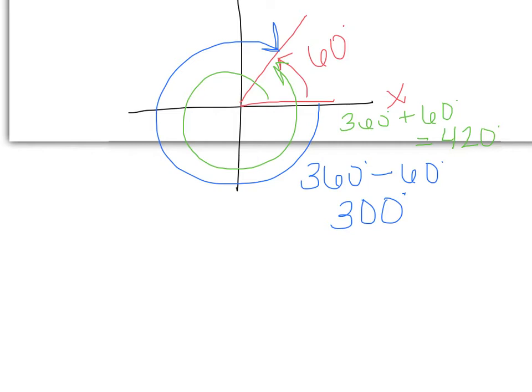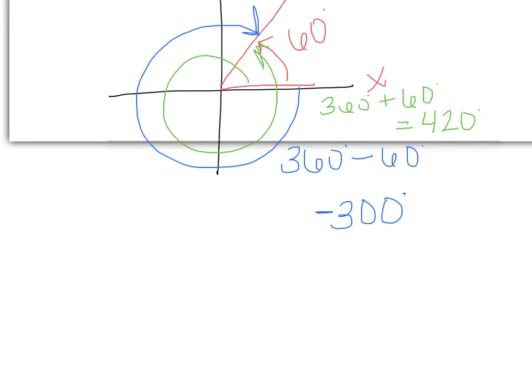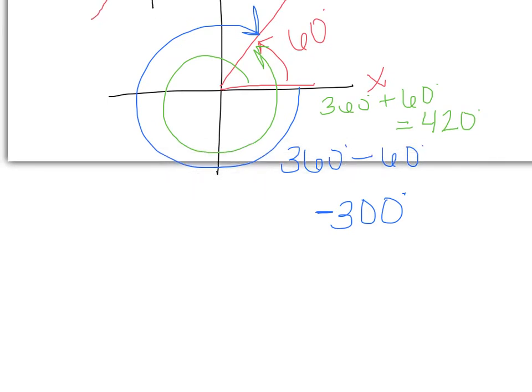And we went clockwise, so we make it negative 300 degrees. So we can say that 60 degrees, 420 degrees, and negative 300 degrees are all coterminal with each other. Basically, you're adding or subtracting a circle.